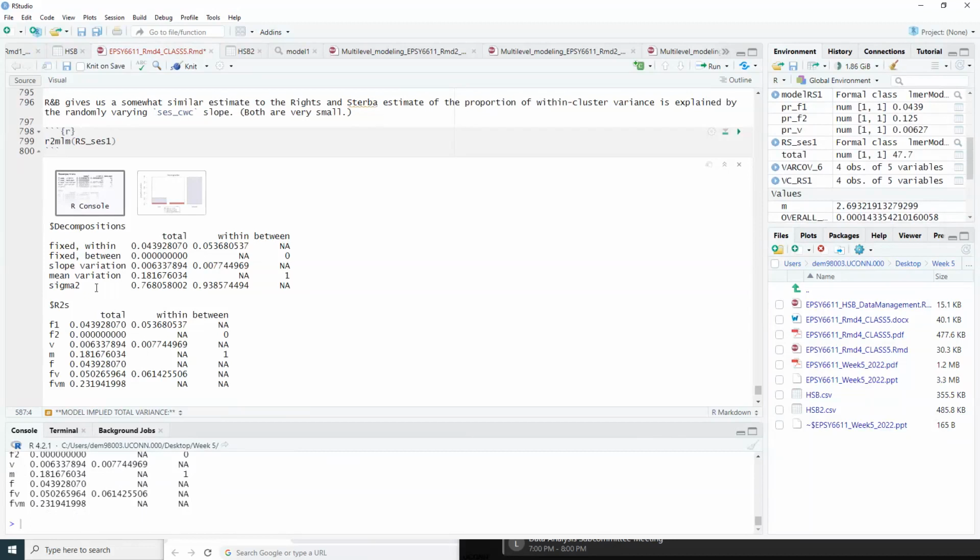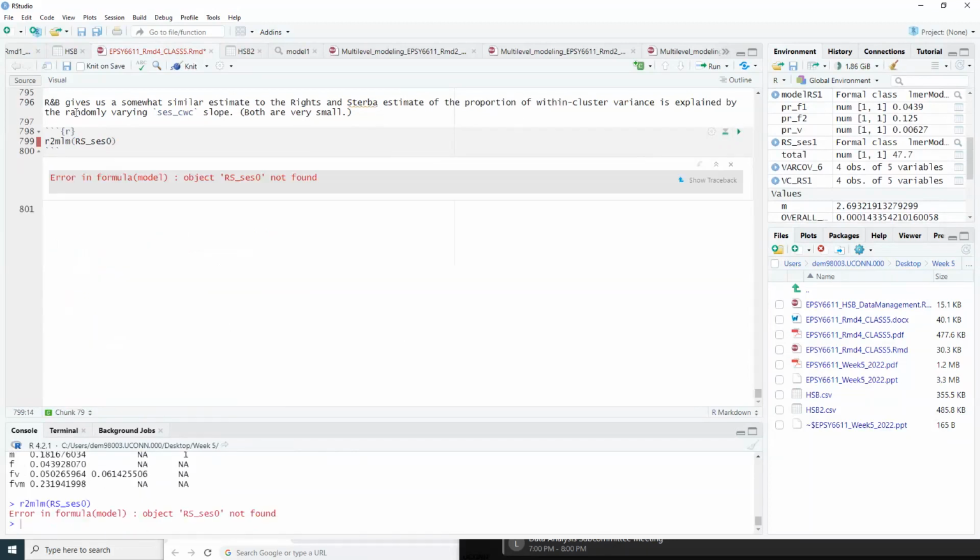But anyway, I could do this and say what proportion of the between variance, what was it that I wanted? What's the name of my model?